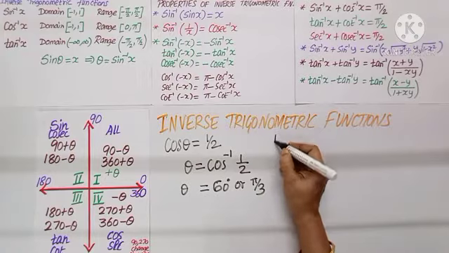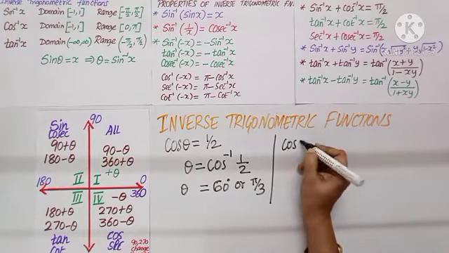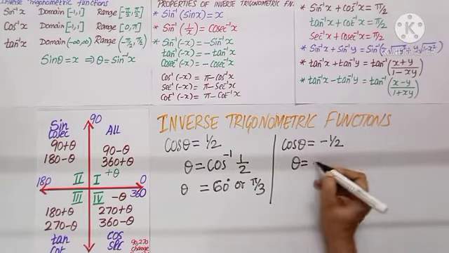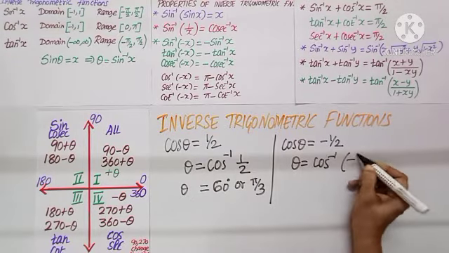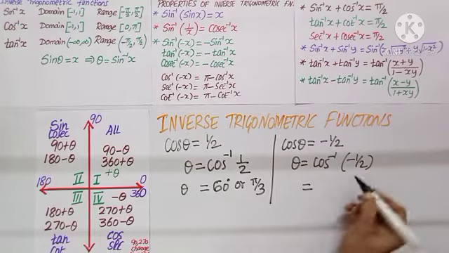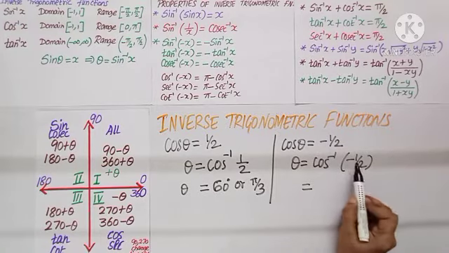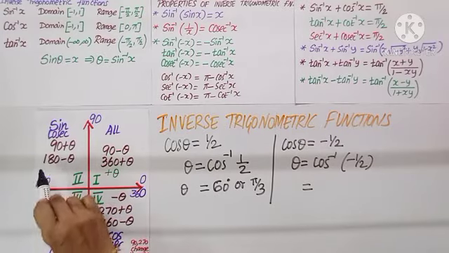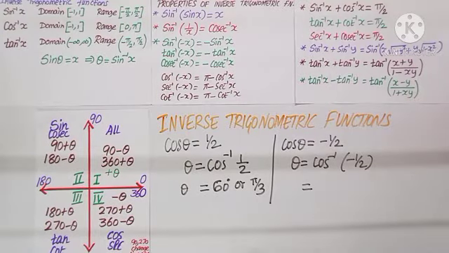But if the question is cos theta equal to minus half, theta equals cos inverse minus half. Now the answer is, because cos is negative, I am in the second quadrant where I will write 180 minus theta.